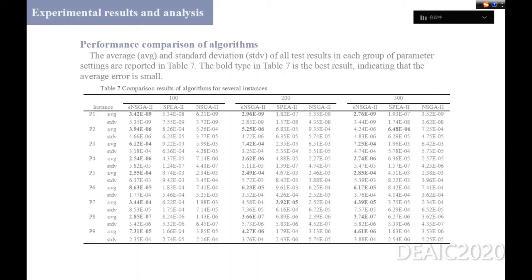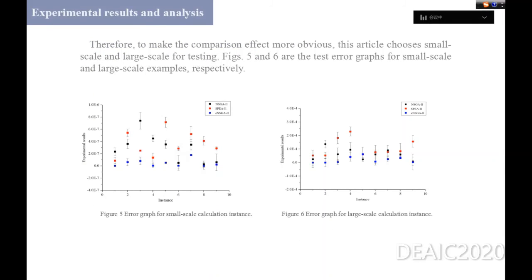The bold type is the best results, indicating that the average error is small. Therefore, to make the comparison effect more obvious, we choose a small scale and large scale for testing. Figures 5 and 6 are the test error graphics for small and larger examples, respectively.